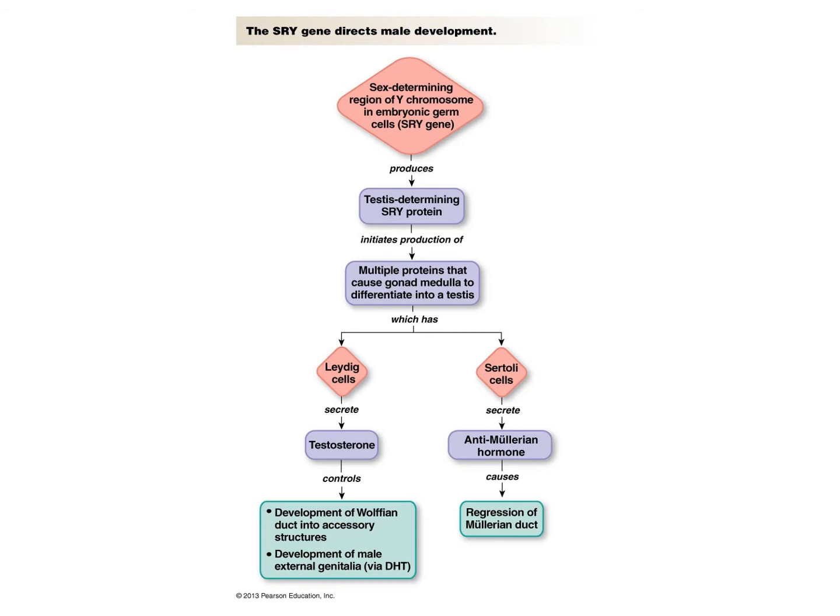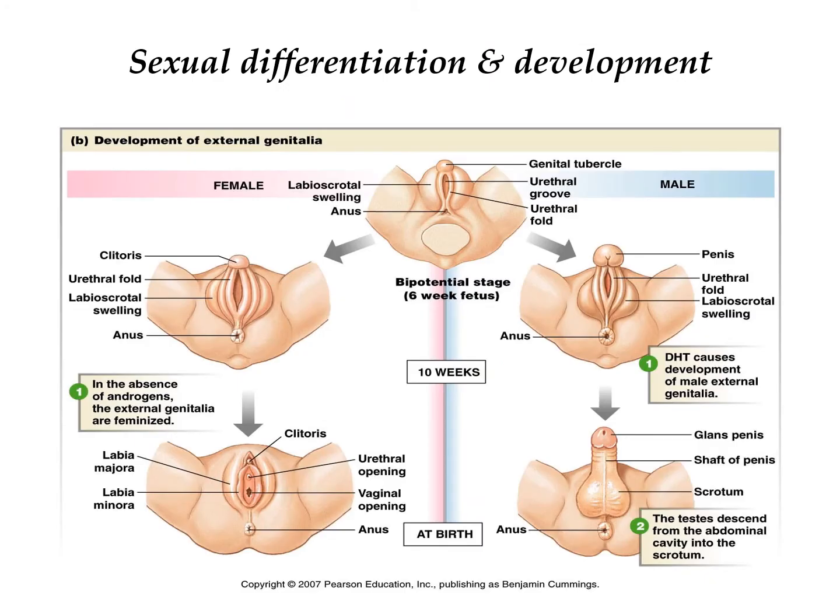There are two types of cells, the Leydig cells and the Sertoli cells. The Leydig cells secrete testosterone. The Sertoli cells secrete the anti-Mullerian hormone. And the external genitalia also differentiate.